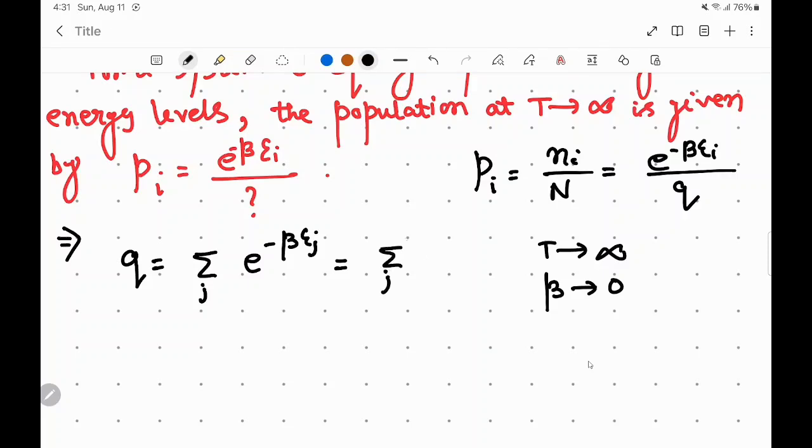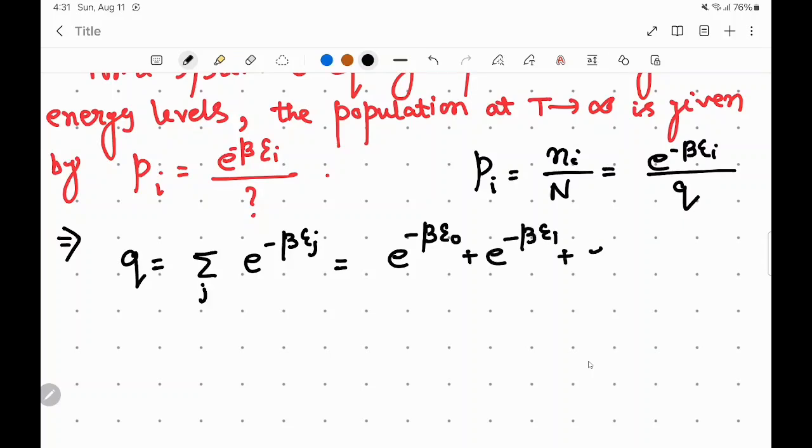That's why it comes to the number of energy levels. Means you can write e to the power minus beta epsilon 0 plus e to the power minus beta epsilon 1 plus e to the power minus beta epsilon 2 and so on. There are only 5 levels, so 5 will be there, 3 and 4, because you are starting from 0.